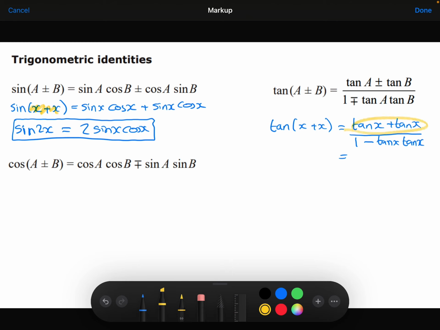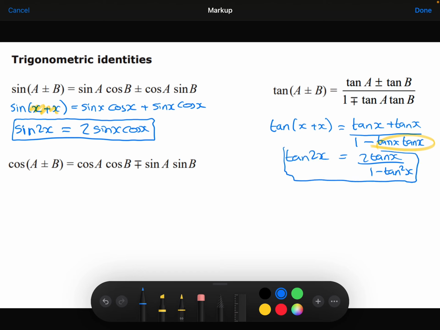The tan x plus tan x is 2 tan x. And the tan x times tan x is tan squared x. And so this is the tan 2x formula that I showed you a moment ago.